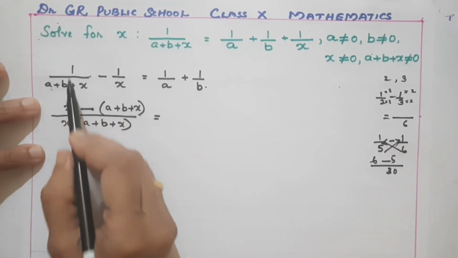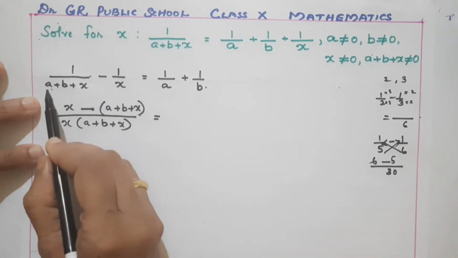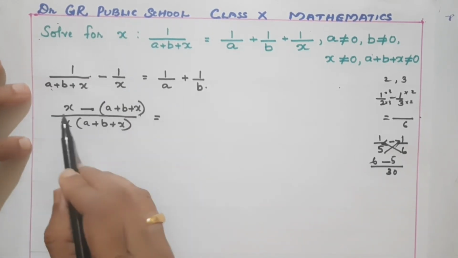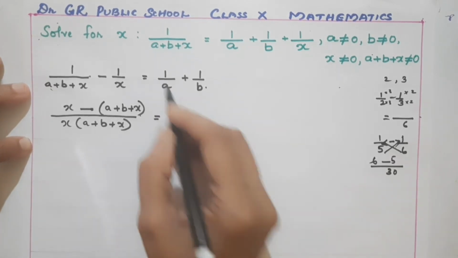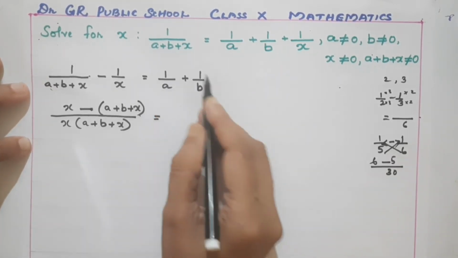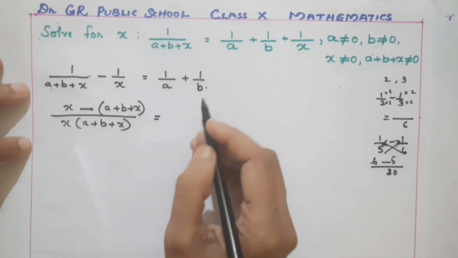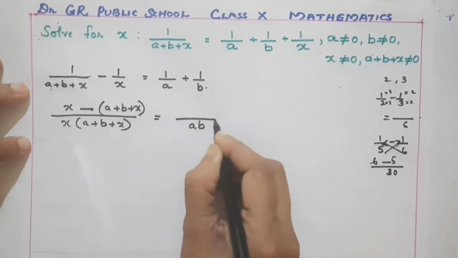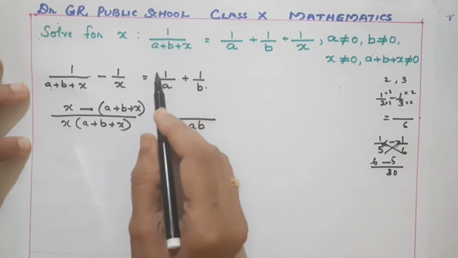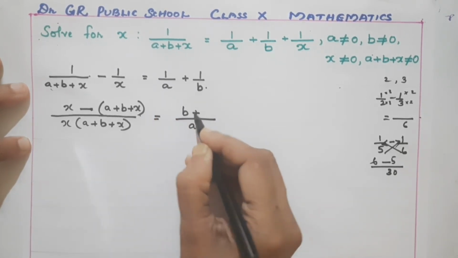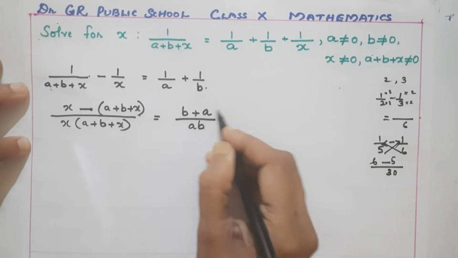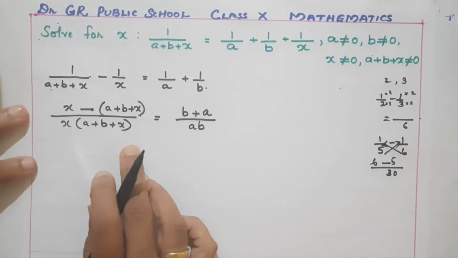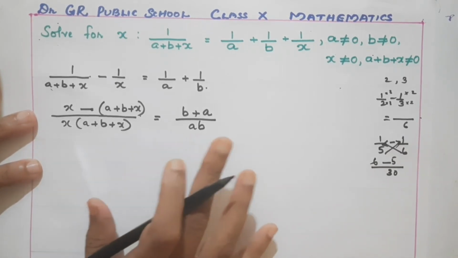Here x into 1, x, then minus a plus b plus x into 1 is a plus b plus x. So we are getting numerator. Here what is the LCM? 1 by a plus 1 by b. LCM is ab. Okay. Numerator 1 into b, b plus 1 into a, a. Taking LCM and all you know very well. So that's why I am not going to explain more.